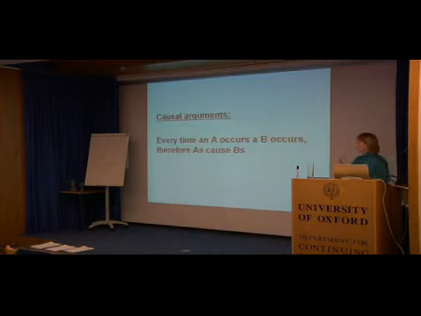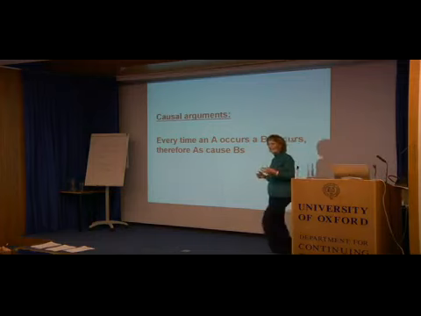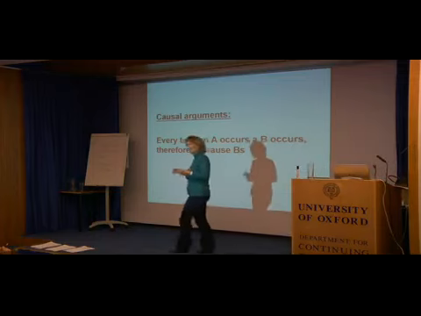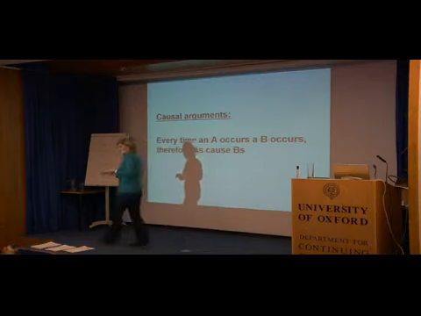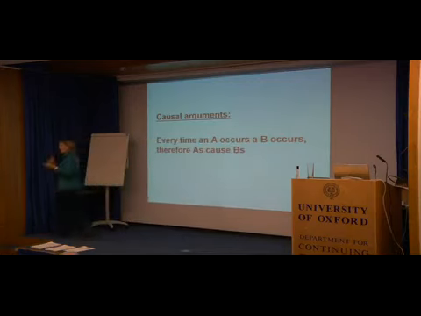Okay, causal arguments. We looked at causal arguments briefly last week. Every time an A occurs, a B occurs. Therefore, A's cause B. Now, we have a huge tendency, and that tendency was manifested here last week in this very room, where we assume that where there's a correlation, there's also a causal relation. Well, we know that that's not true, is it?